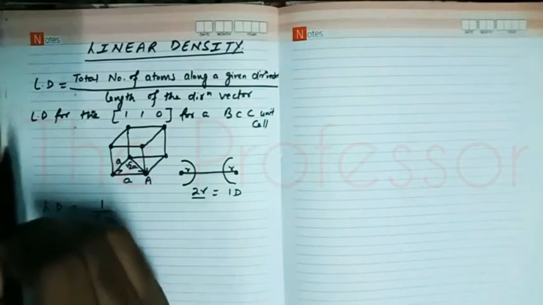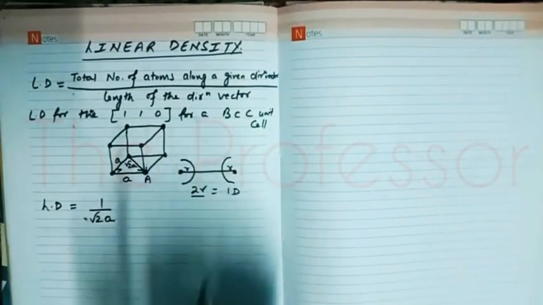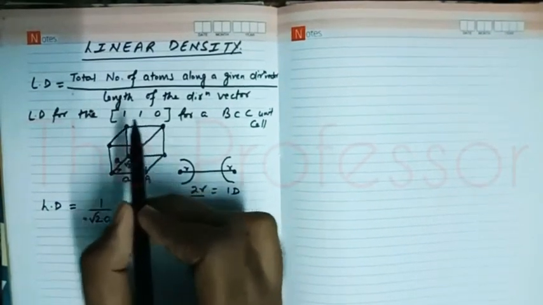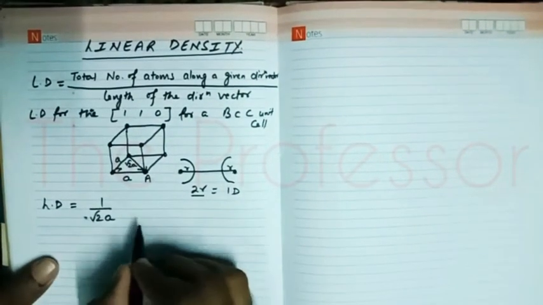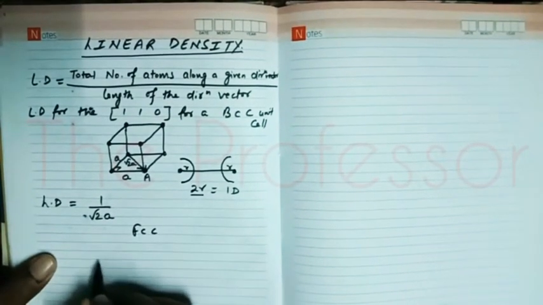Now let us calculate the linear density for the same direction vector but for a FCC unit cell. This time we are going to calculate it not for a BCC but for a FCC unit cell, right? So first of all, let us draw one FCC.